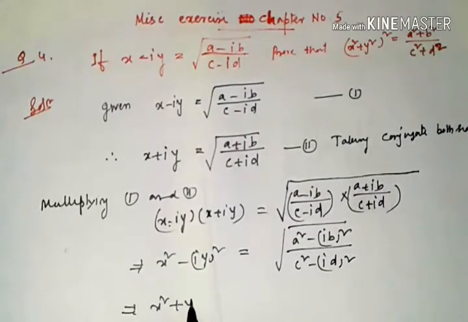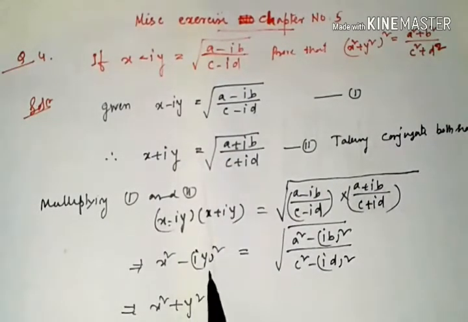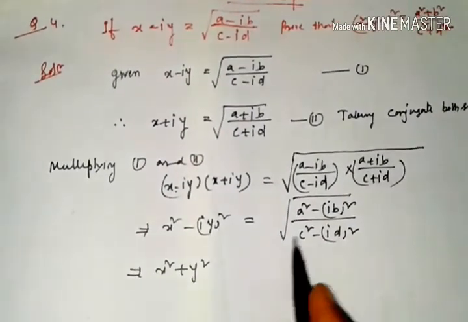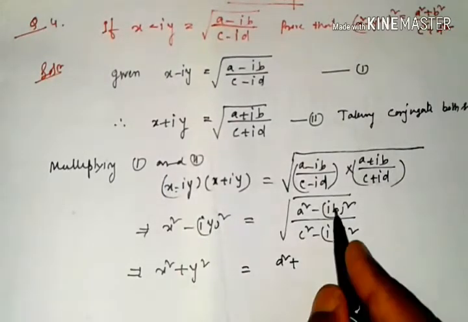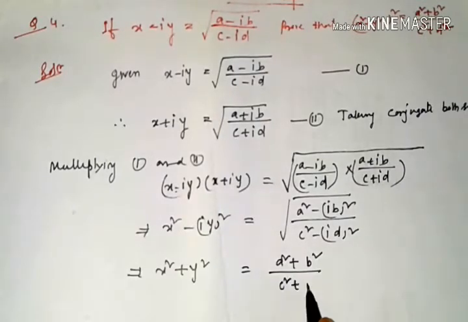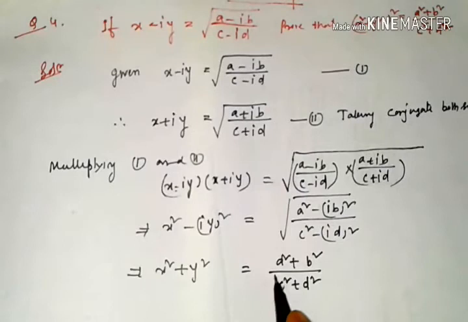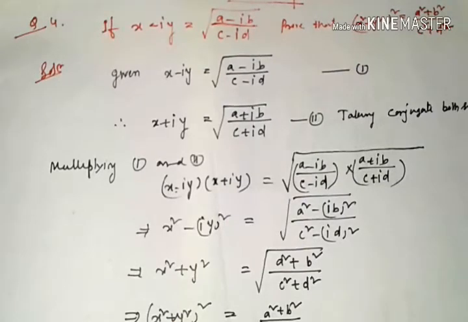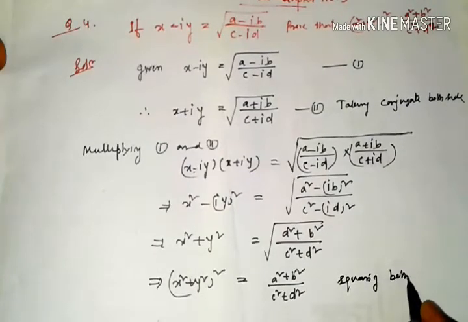X square plus y square, because i square is equal to minus 1, therefore it is plus y square. Here also a square plus b square, c square plus d square, root over. This implies (x square plus y square) whole square, squaring both sides.